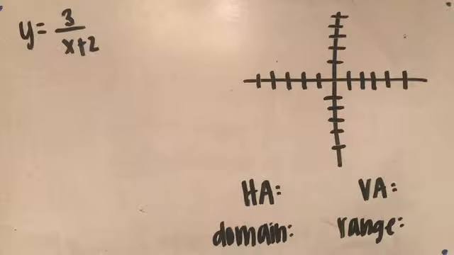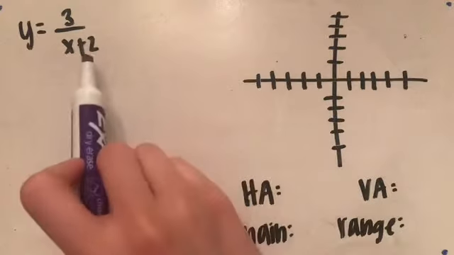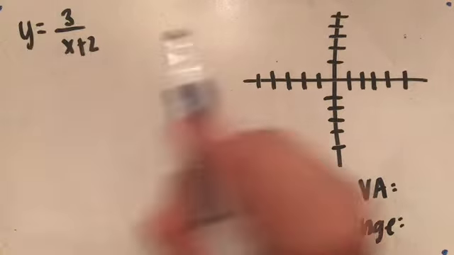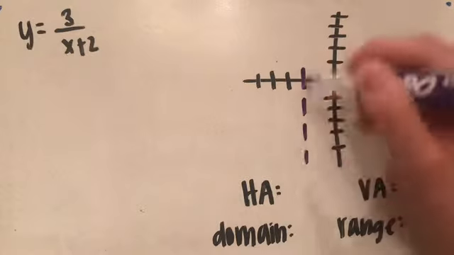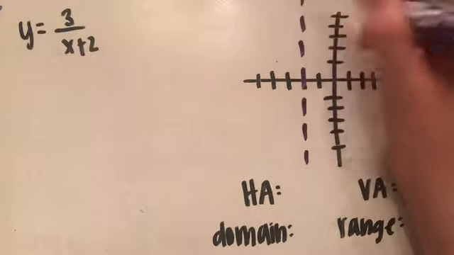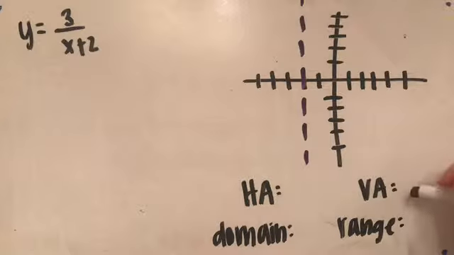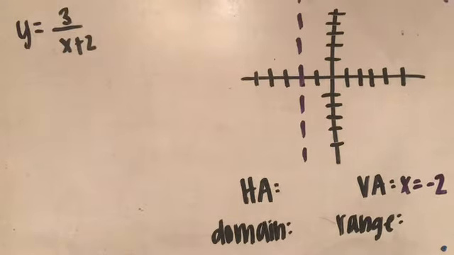First, I like to add the asymptotes. Knowing that it will translate 2 units to the left, we go over 2 and add our vertical asymptote, which is x equals -2. And then we can just create our table.